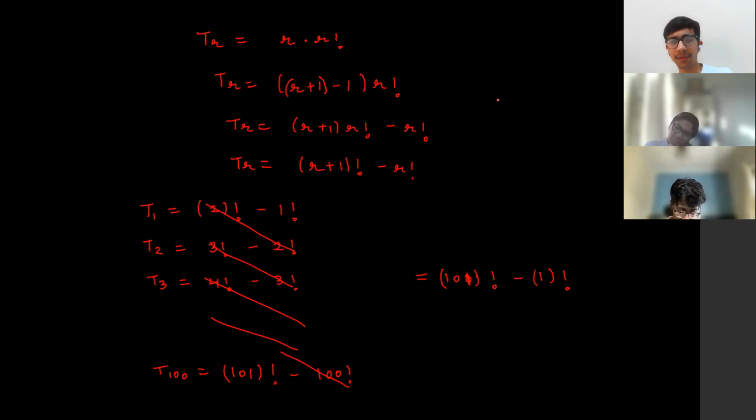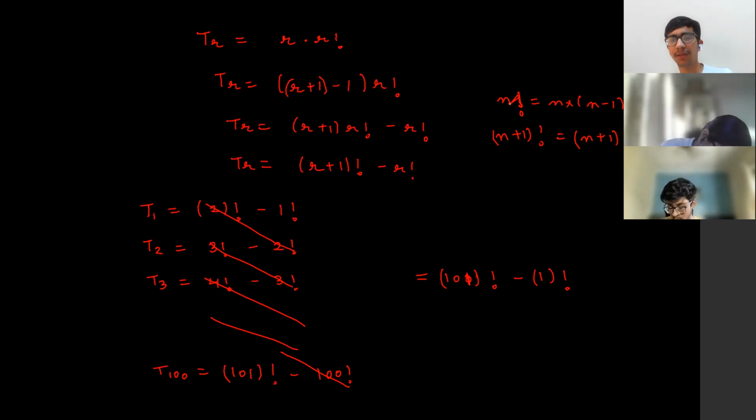You can write n factorial as n into n minus 1 factorial, isn't it? So it's the same way. What will be n plus 1 factorial? N plus 1 factorial will be n plus 1 times n factorial. Just in place of n, put n plus 1. If I multiply the term before R factorial, it becomes a factorial.